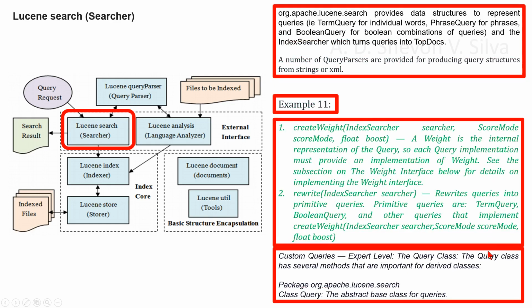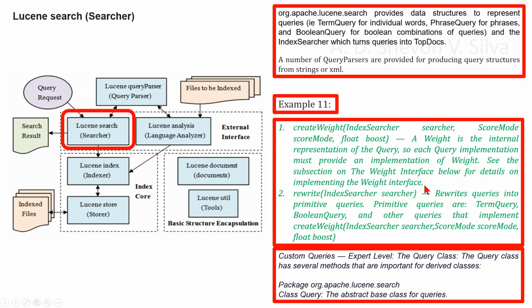Now we are considering custom queries expert level. The query class in custom queries expert level has several methods that are important for derived classes. The class Query in package Lucene.search is the abstract class for queries.